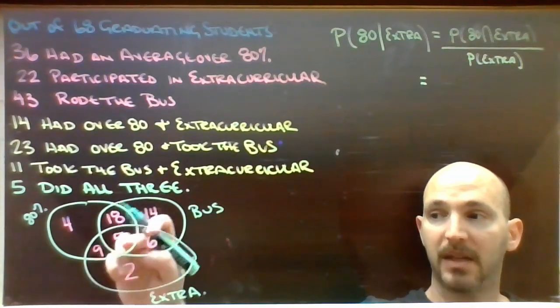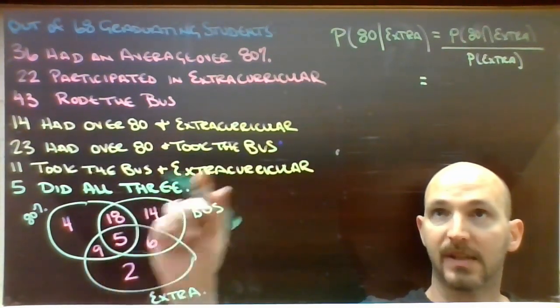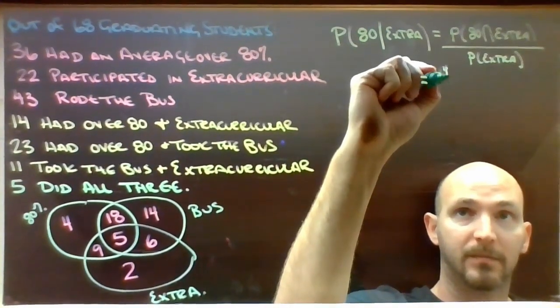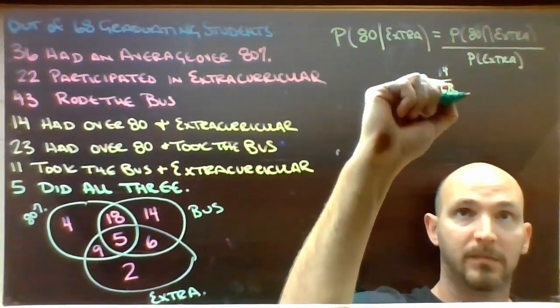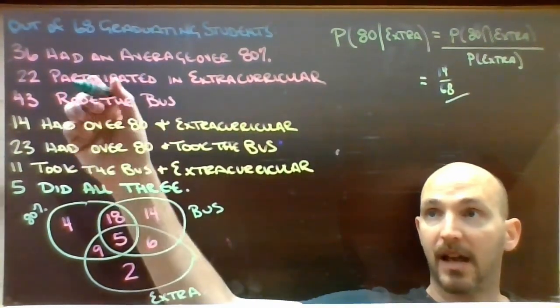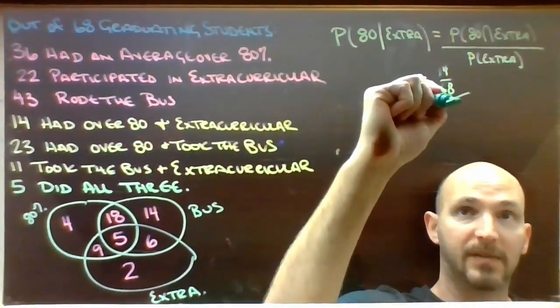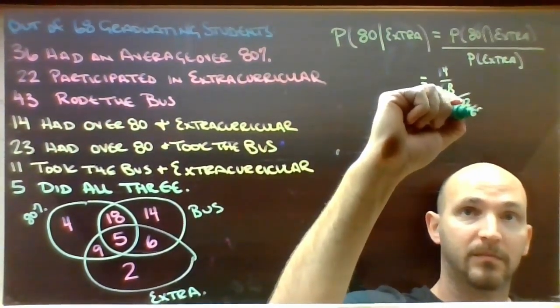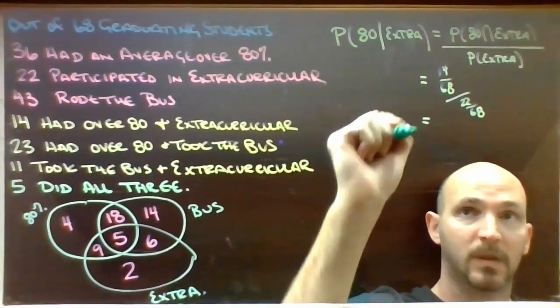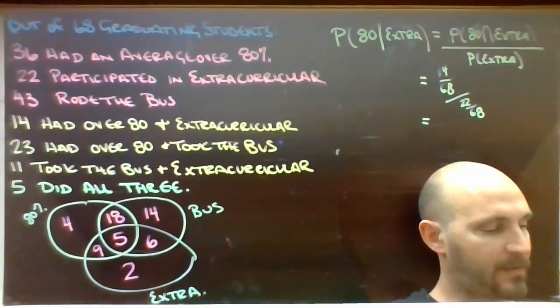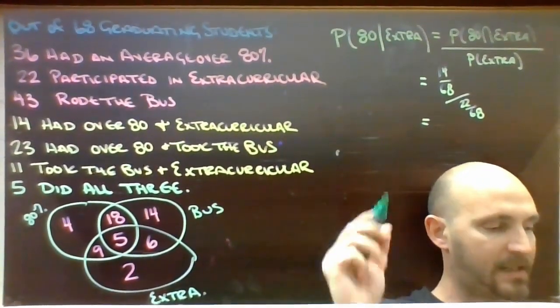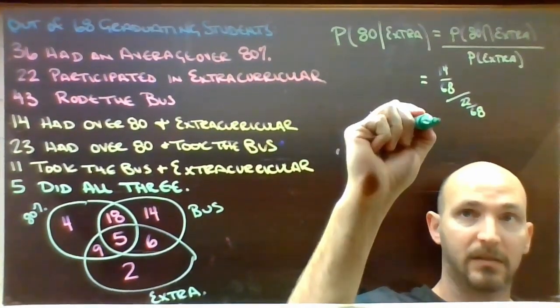That's 14 people out of 68. The probability of being in extracurriculars was 22 out of 68. 14 out of 68 is 0.2059.